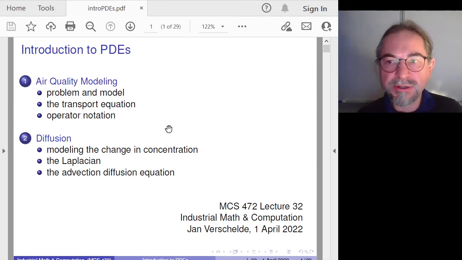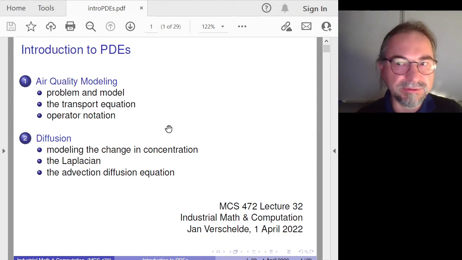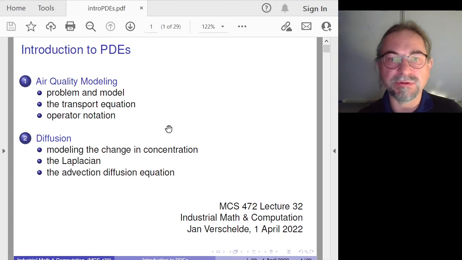So the purpose of this lecture is to introduce these three different, but very related, types of partial differential equations. We will also introduce some notation, and there will be exercises, of course, but at the end of the lecture there will be three proposals of topics.